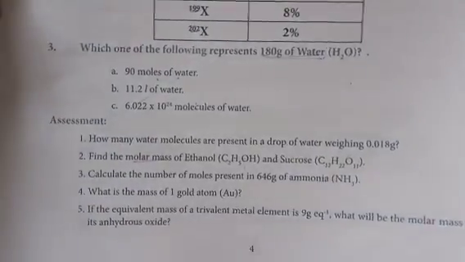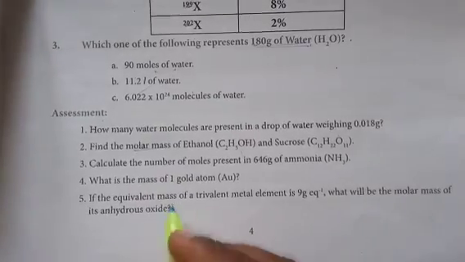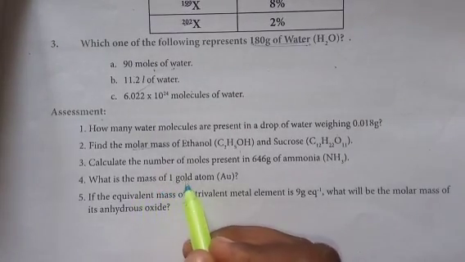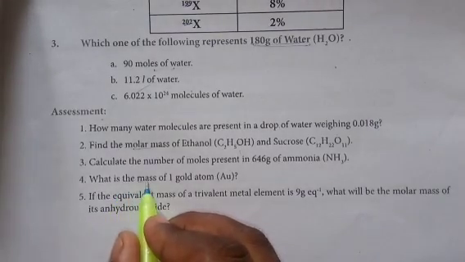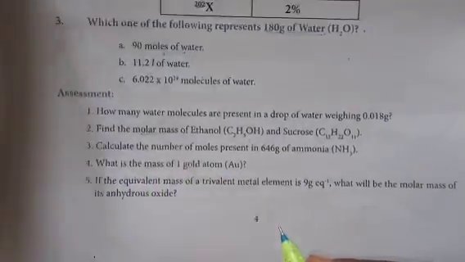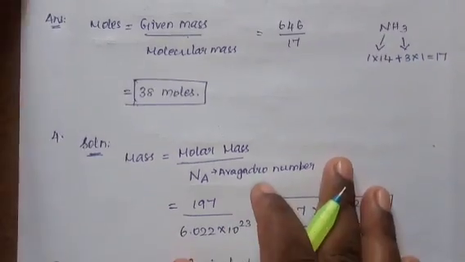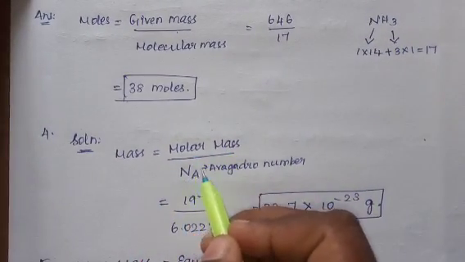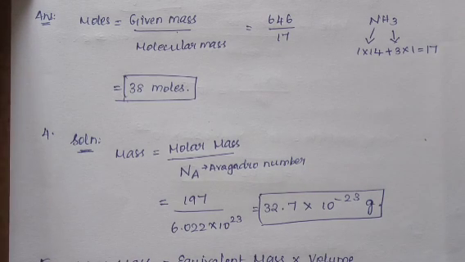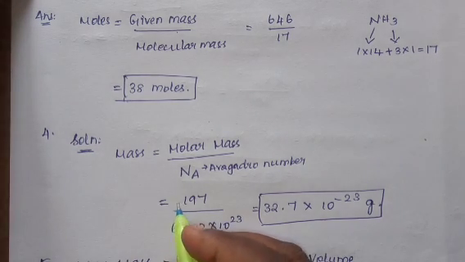Next, fourth question. What is the mass of one gold atom, Au? They are asking what is the mass of one gold atom. We have to find mass. For finding mass, mass is equal to molar mass by Avogadro number.